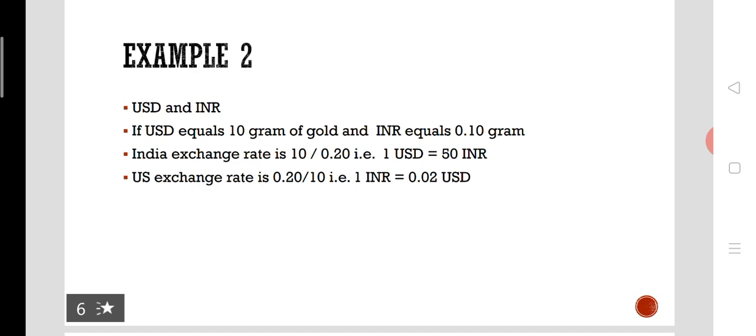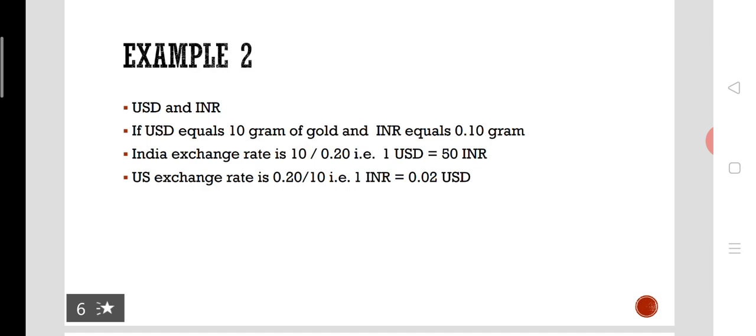If 1 Indian rupee is equal to 0.1 gram, then India's exchange rate will be 10 by 0.1. That will be 1 US dollar equal to 100 Indian rupees. Then what is the US exchange rate? The US exchange rate is 0.1 by 10. 0.1 is the value of the Indian rupee in terms of gold and 10 is the value of the US dollar in terms of gold, that is, the grams of gold.